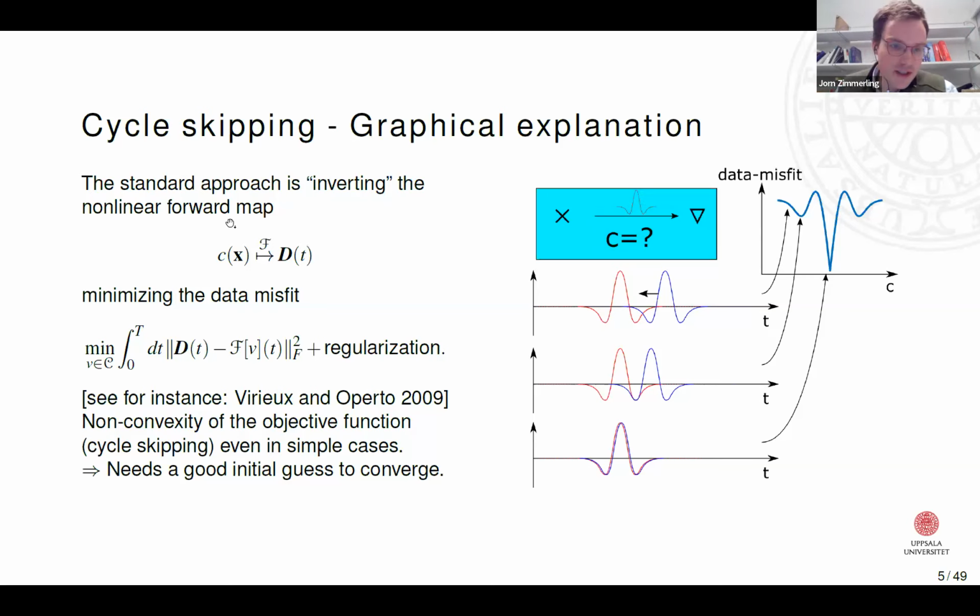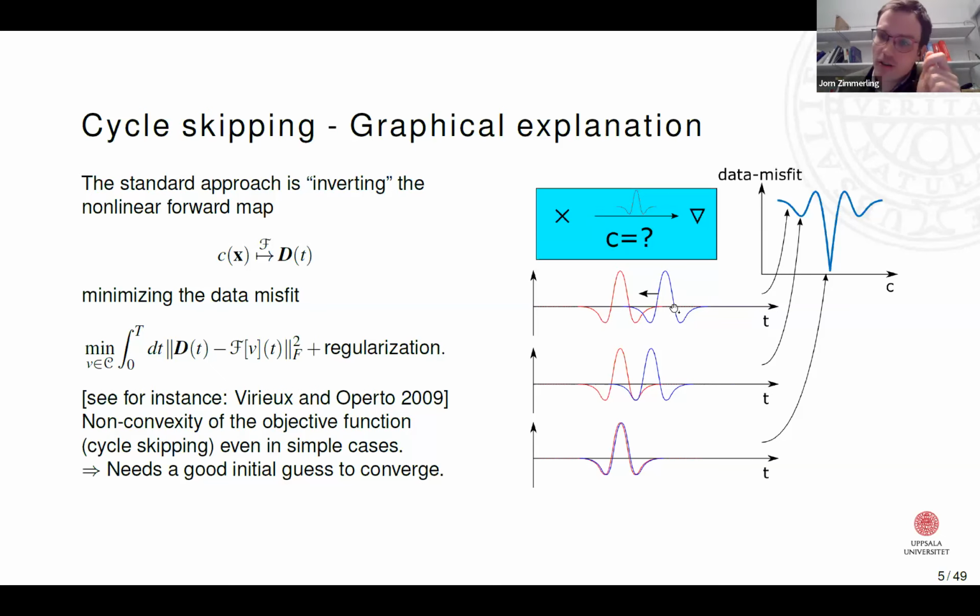If we do that using this quadratic data misfit function, essentially if we increase the speed, we see here a red wavelet, the second derivative of a Gaussian in this case, and we see a blue wavelet. The red is what we measured, and the blue is what we modeled. As we increase the speed, the blue wave is going to arrive sooner and sooner and sooner.